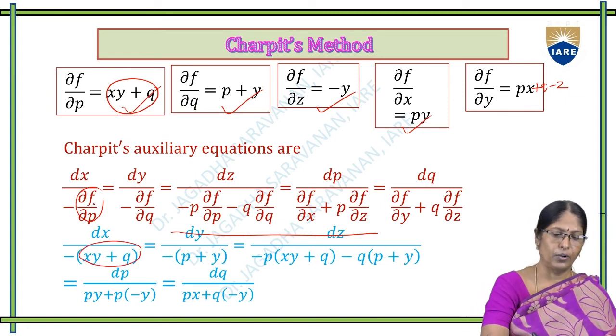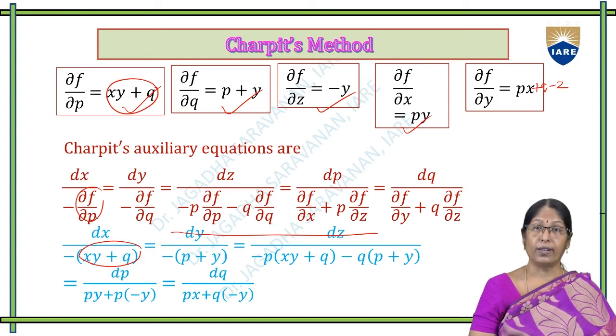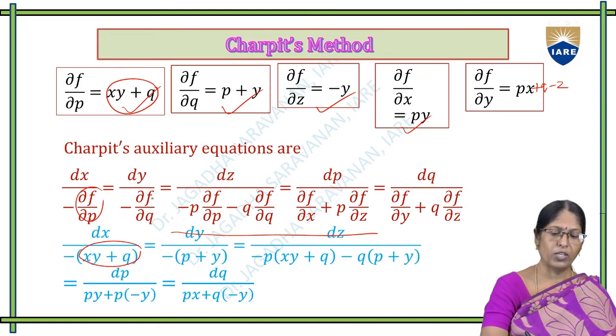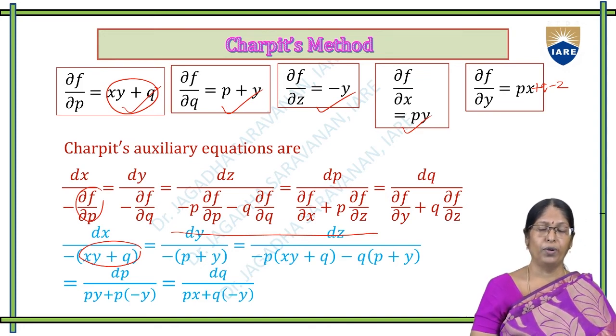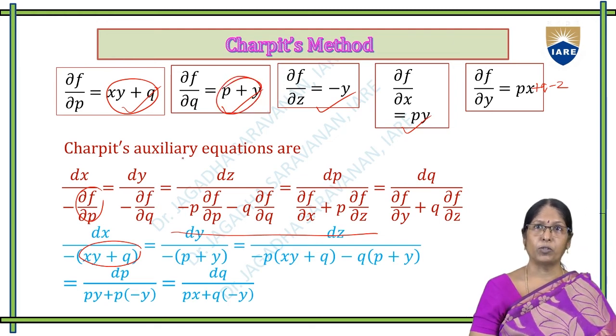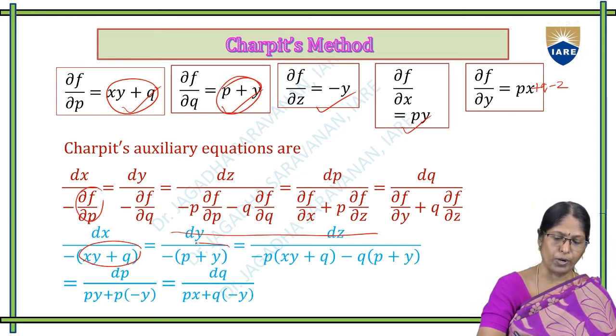So that is ∂f/∂p, it's nothing but xy plus q, equal to dy by minus ∂f/∂q, that is we substituted what I am circling, that is p plus y, in this particular place.